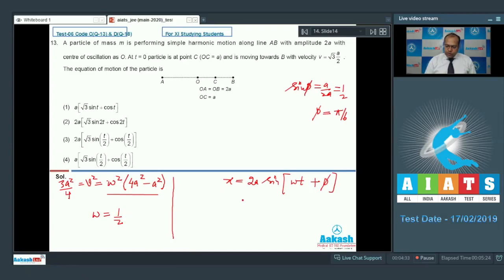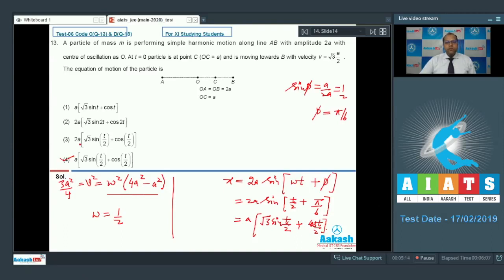So if I substitute here, it comes out to be 2a sine t by 2 plus pi by 6. If I open this, it comes out to be a into √3 sine t by 2 plus cos t by 2. So option 4 is the correct answer.